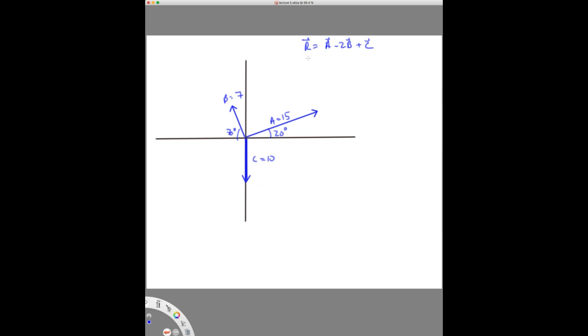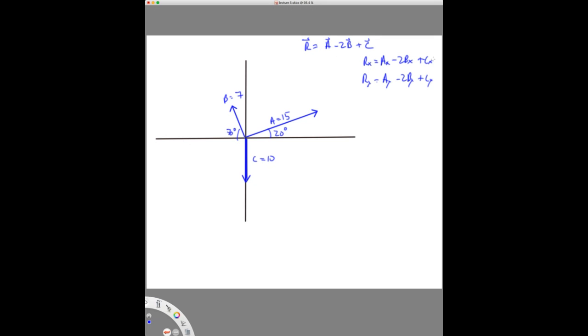And in general, we're going to have Rx equals Ax minus 2Bx plus Cx. And Ry equals Ay minus 2By plus Cy. In other words, we find the components, and then whatever the mathematical equation is for the vectors, we get the same equation for the components.